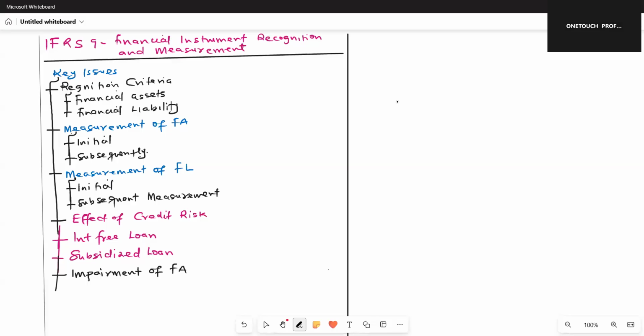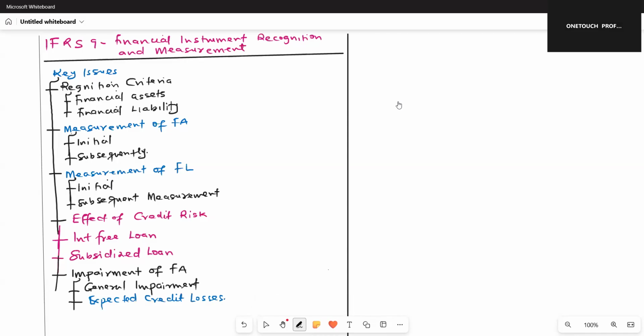We'll look at the general impairment, which is IAS 36. Then we now look at the expected credit losses, the use of expected credit losses. So that is that.